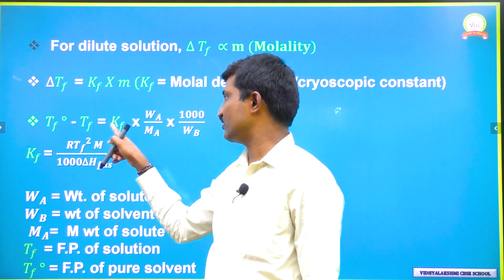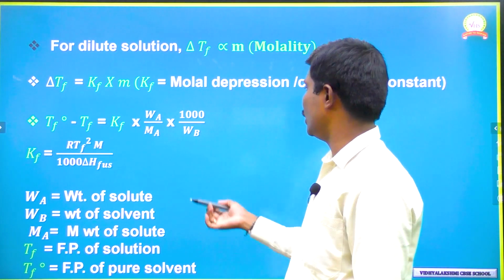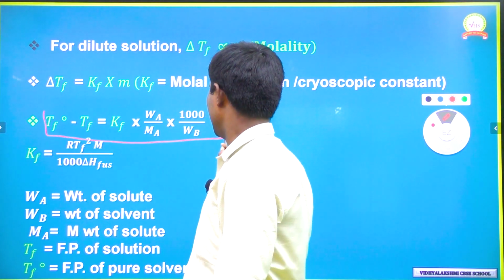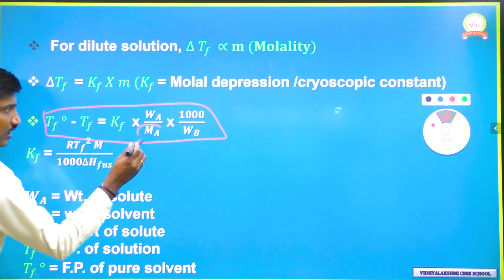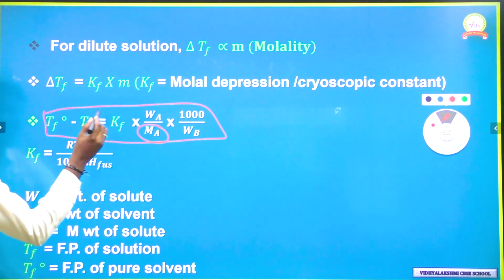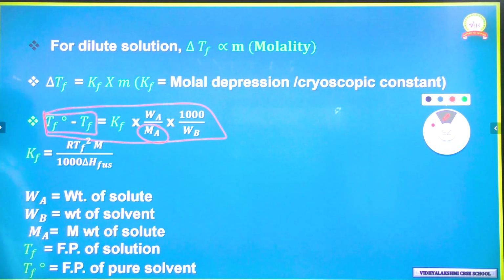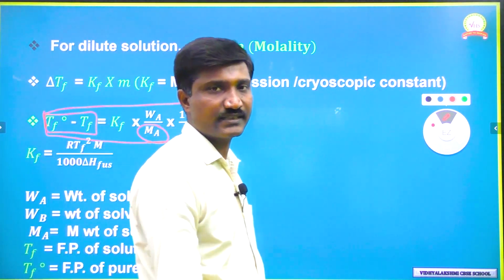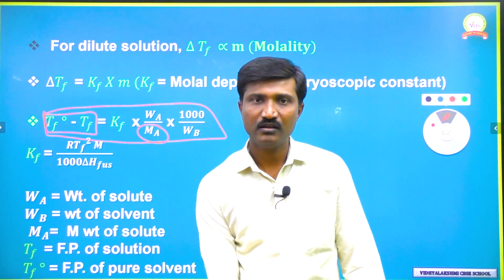The delta Tf is equal to Kf into WA by MA into 1000 by WB. From this we can say that the molar mass of solute is inversely proportional to depression in freezing point. Depression in freezing point is a colligative property, so the colligative property is inversely proportional to molar mass.